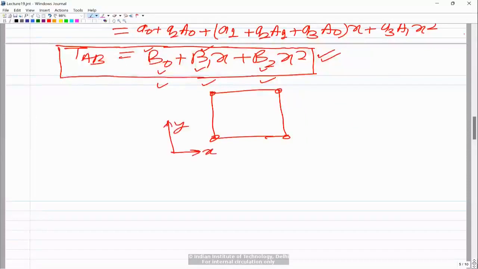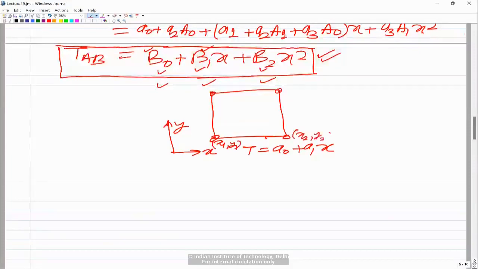So even in this situation, you have T equal to a0 plus... in this case, the derivation of the shape function would be a bit more involved, because the coordinates would be x1 and y1, which are not 0, here x2 and y2.